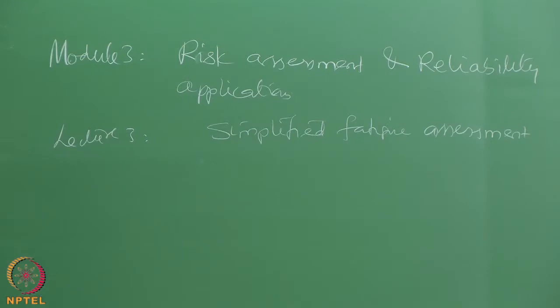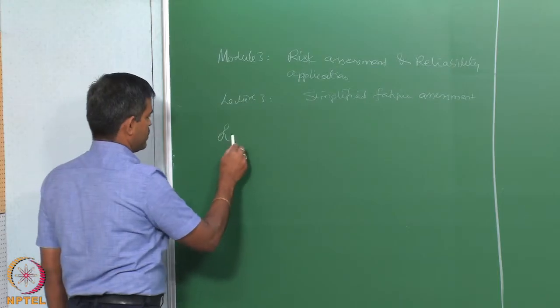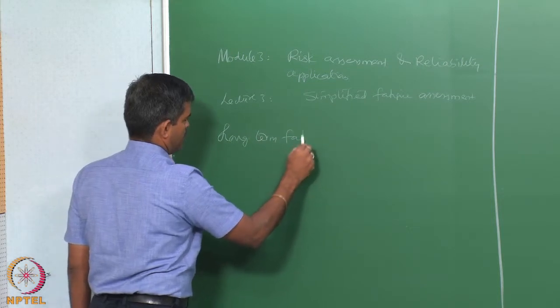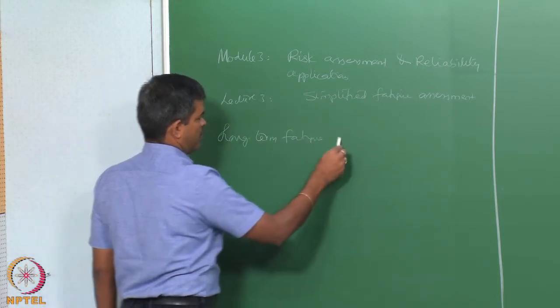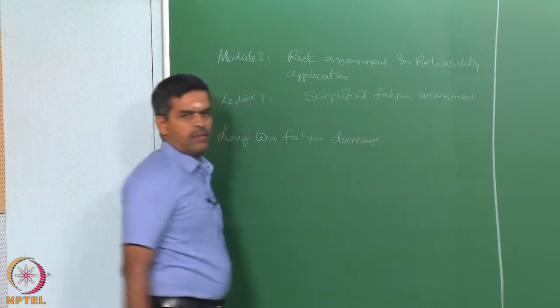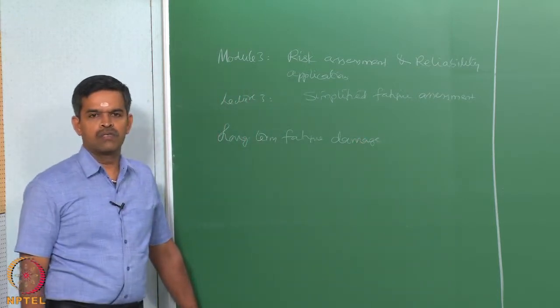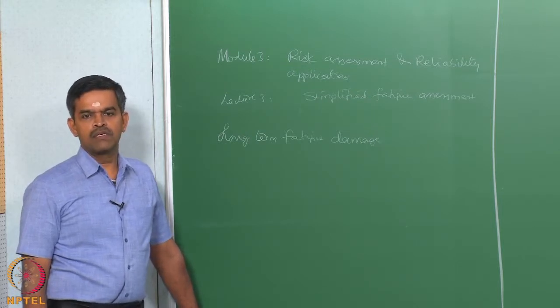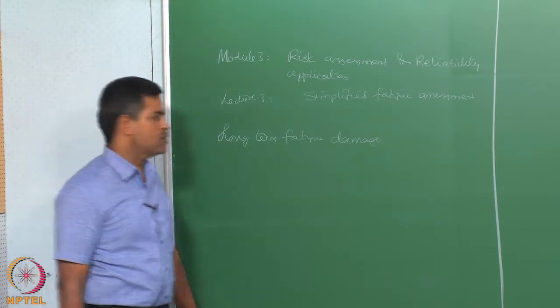The long term fatigue damage, which is essentially caused due to the sea state model, can be expressed by using an exponential distribution.